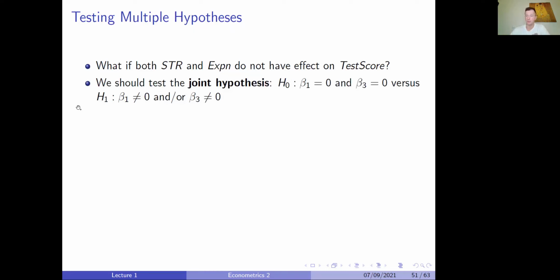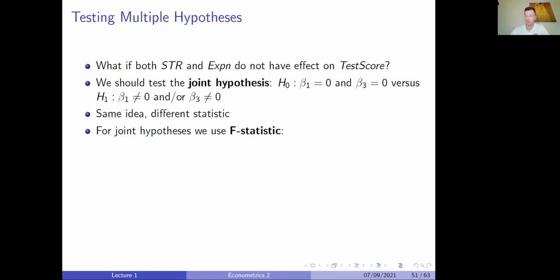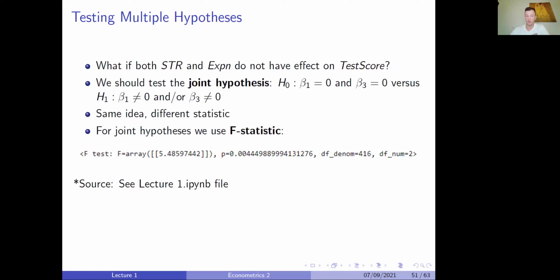How should we test the joint hypothesis? For the joint hypothesis, we use a different statistic. And this different statistic is called F statistic. And here we have an output of the Python calculation, and the F value is here, 5.48597. And we have p-value.